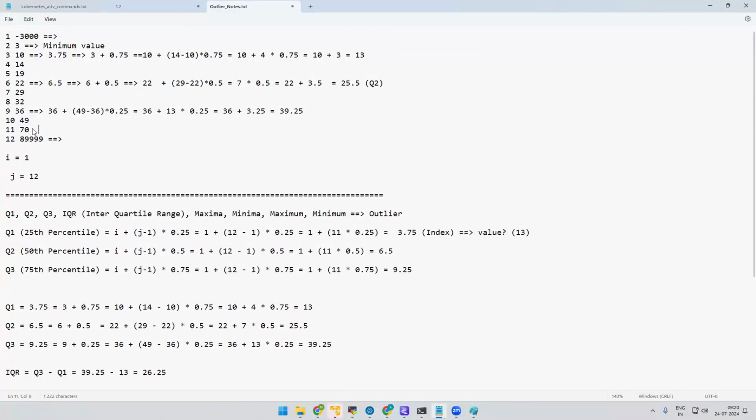So this is going to be the maximum value. Anything less than the minimum value, it can be one or more than one value, is going to be considered an outlier. Anything above the maximum value is going to be considered an outlier.